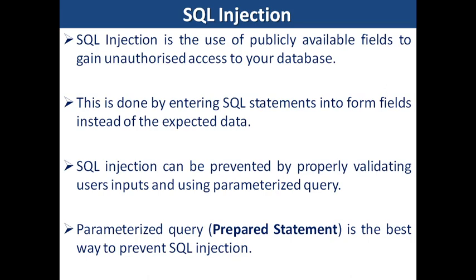If the end user tries to enter something other than numeric data, then the user should be prompted with a message like please enter numeric data. Another approach is using a parameterized query. First we will see how we can validate user inputs.